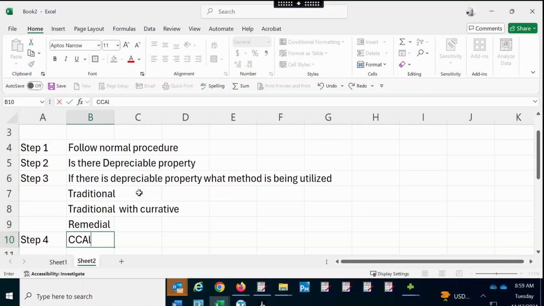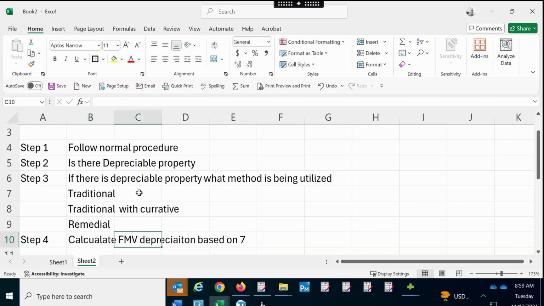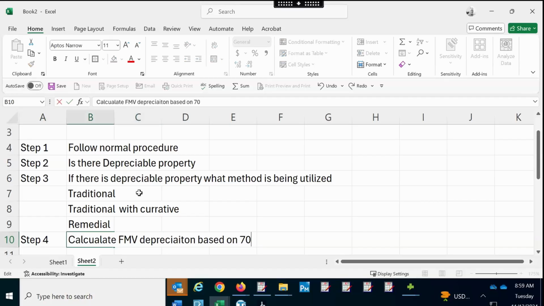Okay. Step 4. Calculate fair market value depreciation based on 704(b) fair market value of depreciable property.